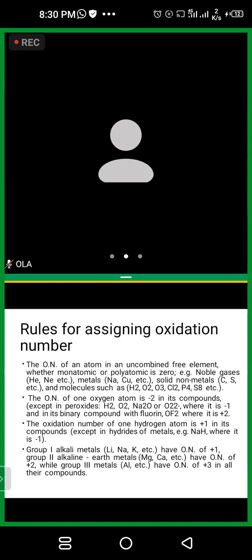The ones in group 2, magnesium and calcium, +2. The ones in group 3, aluminium and the others under, they are +3, including boron. Boron is the first member there. Aluminium too is there. So all of them are +3 in all their compounds.